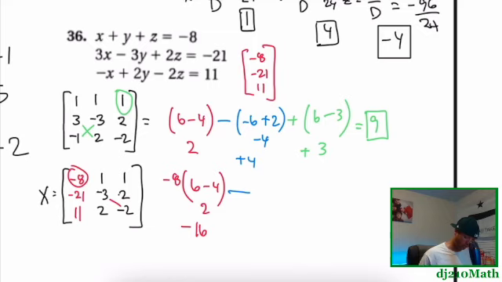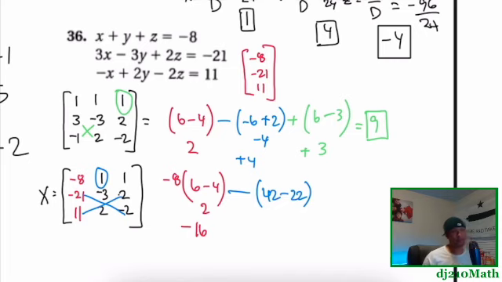Minus, always minus, 1 times this diagonal, so positive 42 minus 22. That's nice. So that's going to be 22 minus 2, 20. So minus 20, right? Because it was 20 with a negative sign. All right, plus 1. That's nice. And then this diagonal.